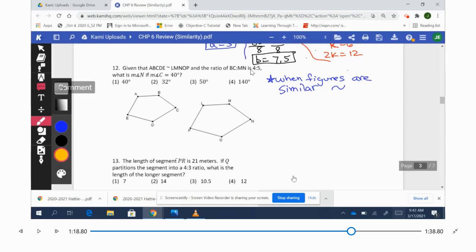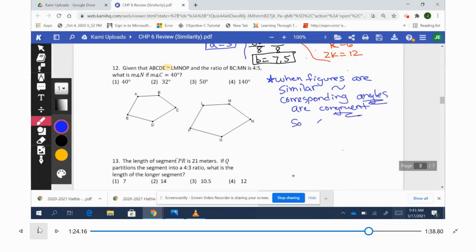We use the ratio of the sides for sides, but corresponding angles in similar figures must be congruent, not proportional. So they're congruent. So since N and C are in the same position or corresponding, they're going to be congruent. The measure of angle C is 40, so the measure of angle N will be 40. That's it.